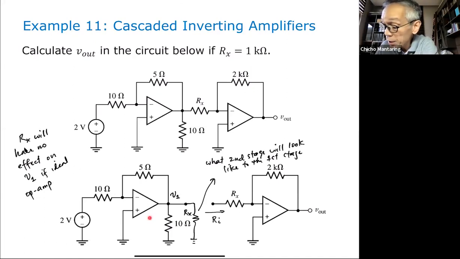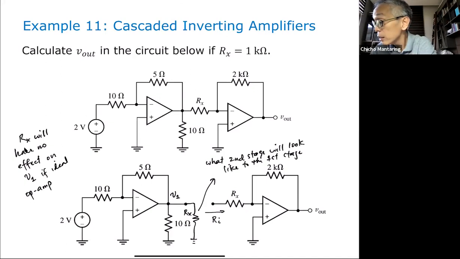If this op amp is ideal, we can connect a resistor here in parallel with the output, and it's not going to affect the value of V1. So what is V1?